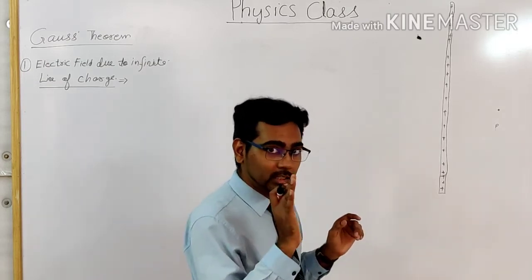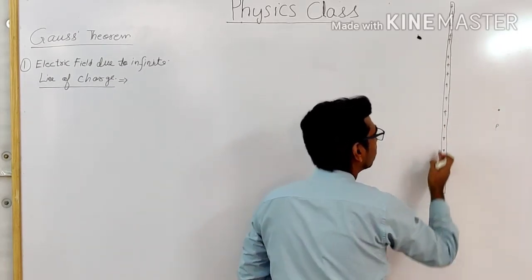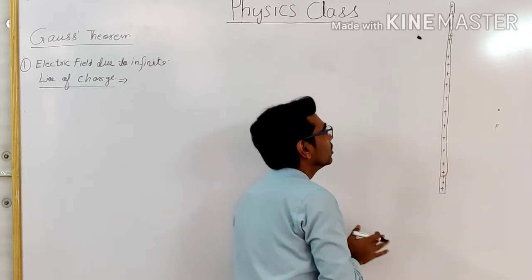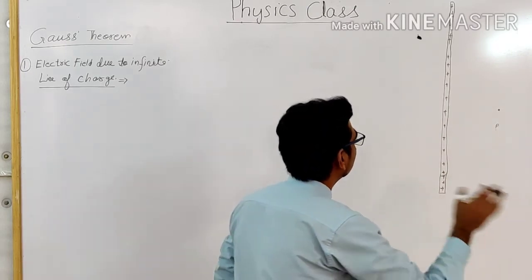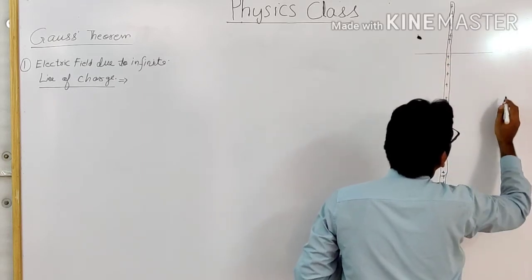And that surface should have some symmetry with respect to the origin of the field, that is the charge. So the best I can imagine is a cylindrical surface.